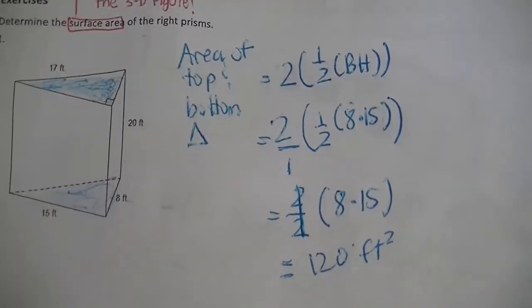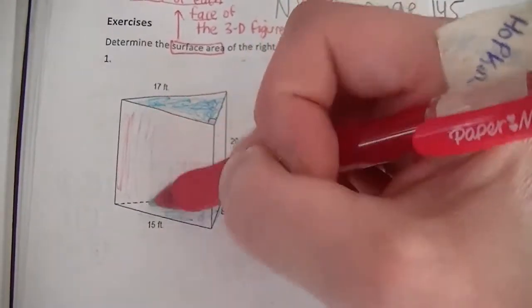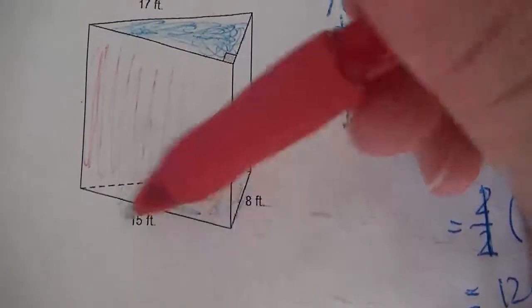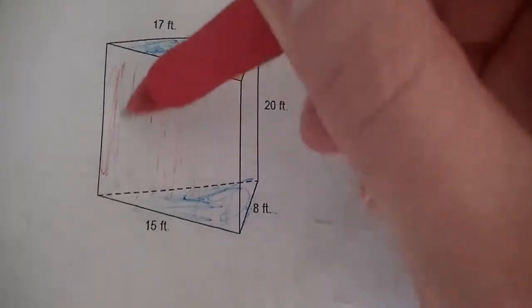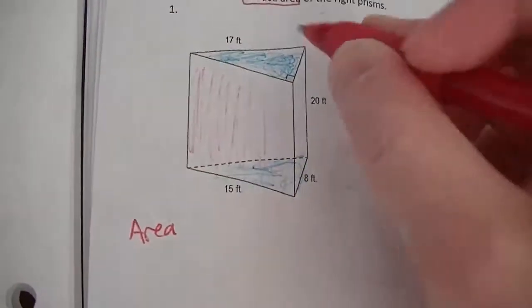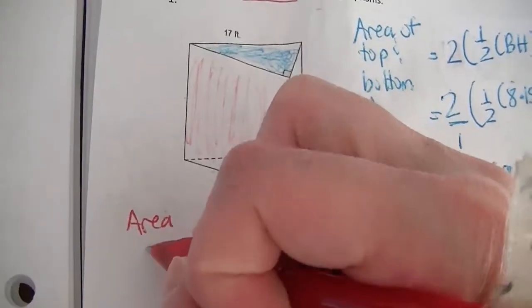Okay? Next thing I'm going to do is find the area of this front piece right here. And it appears, just looking at the dimensions, it's 15 by 20, so it's a rectangle. I'm going to color code this so you'll know, hopefully, what I'm referencing.